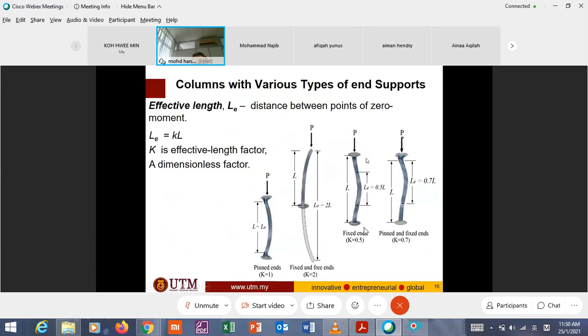But for a rigid connection, as we have done before also, LE equals 0.5 L, where K equals 0.5. What about this one? This is where it is pin at one end and rigid at the other end. Rigid at one end, yes, sorry. This one rigid, eh?